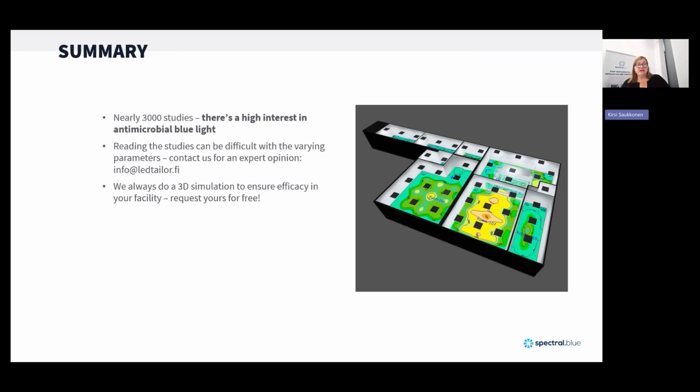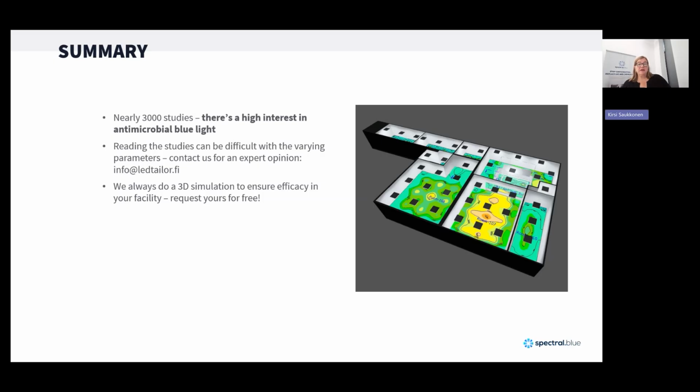And the summary and take-home message from this is that there is a high interest in antimicrobial blue light. There are very many studies already in the last 15 years, and most of them are concentrated on healthcare, the food industry, and then maybe the scientific study of blue light itself. Reading these studies may be quite difficult because of the varying parameters.